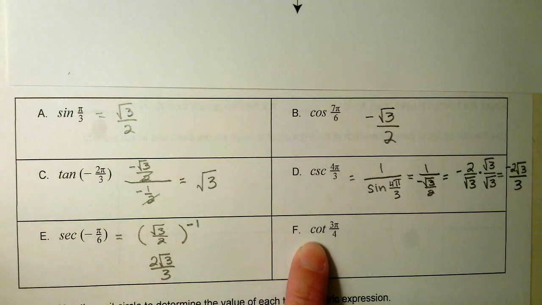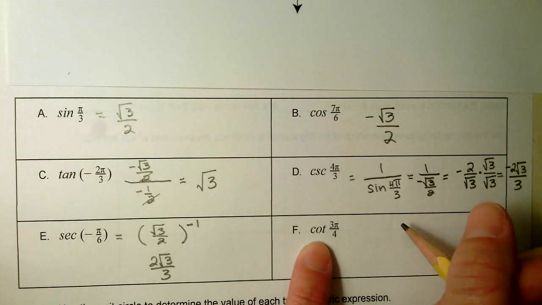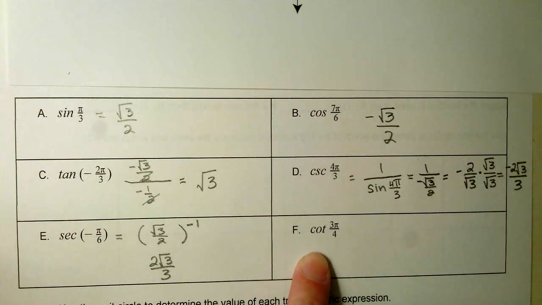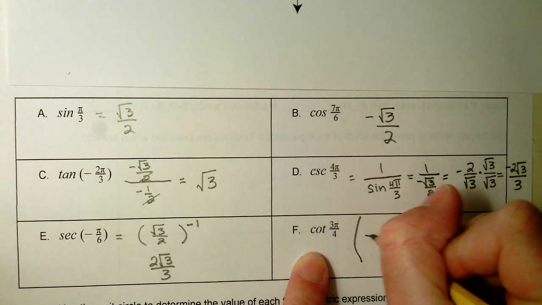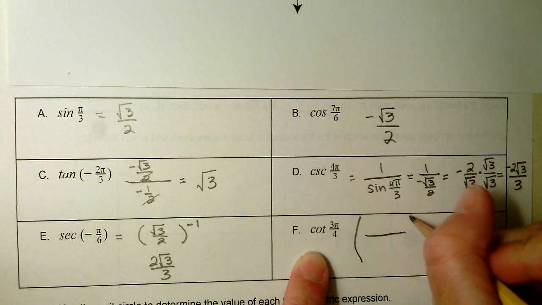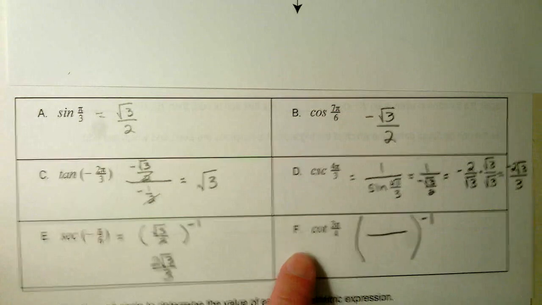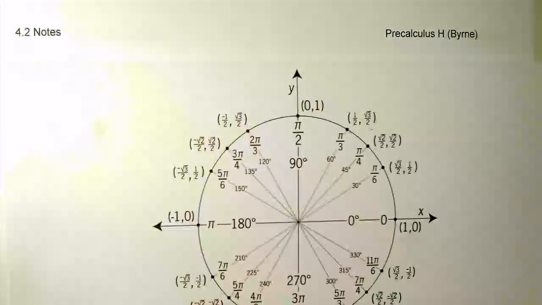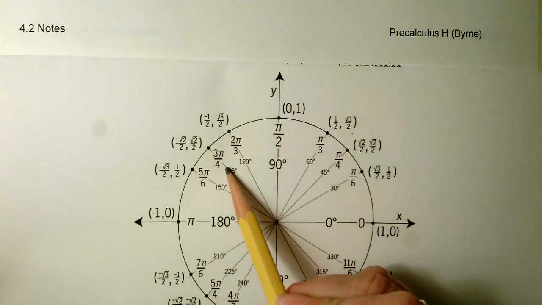So next, we are looking for our cotangent of 3 pi over 4. So I am going to find the tangent, which is going to be the sine over the cosine, but then I'm going to find the reciprocal. So if I go to 3 pi over 4, I'm right here.